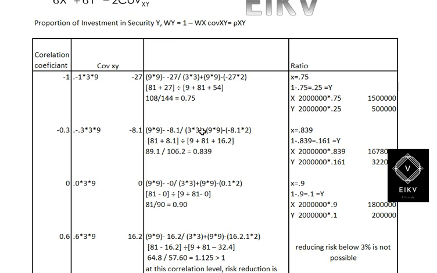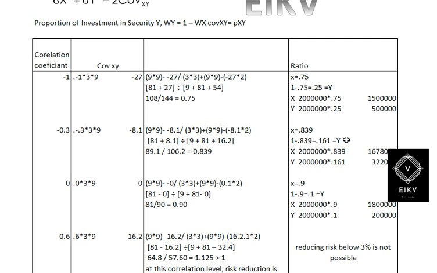Therefore the formula would be 9 into 9 minus (-8.1), divided by 3 into 3 plus 9 into 9 minus (-8.1) into 2, which becomes 0.839.